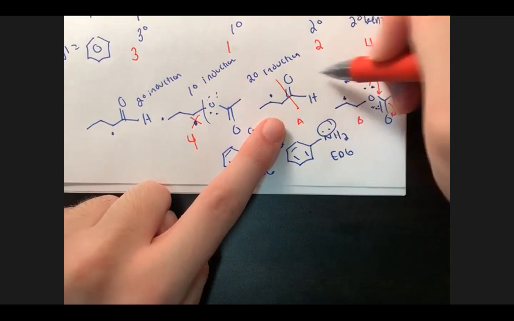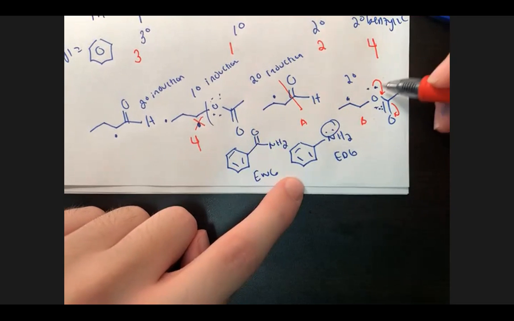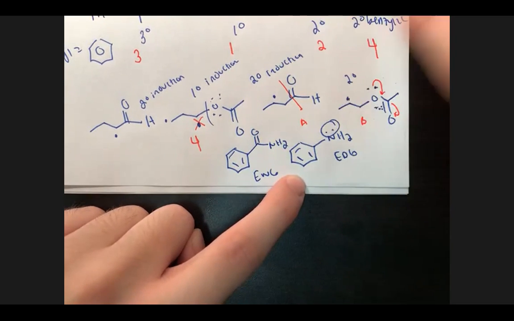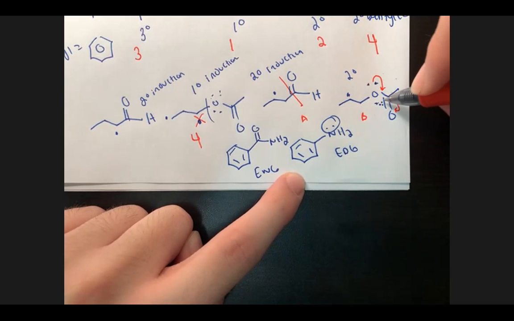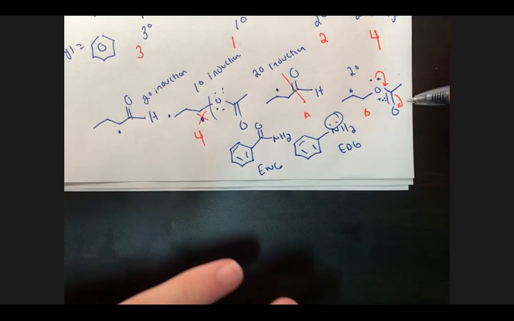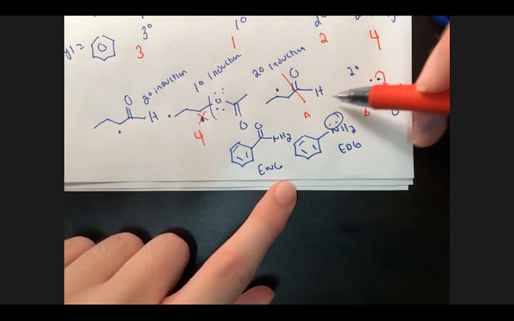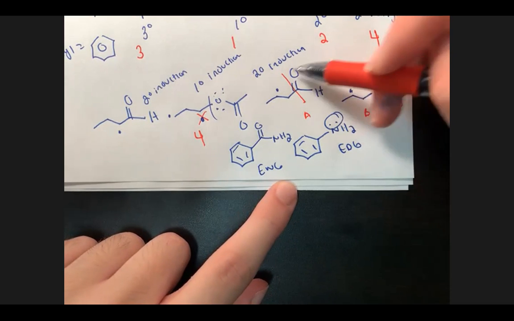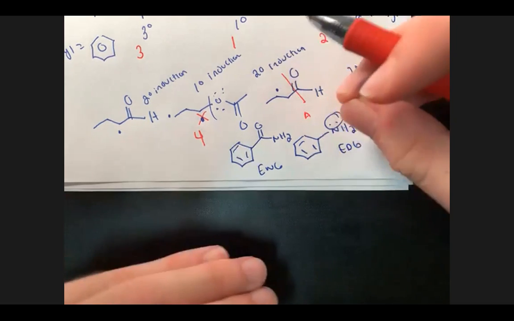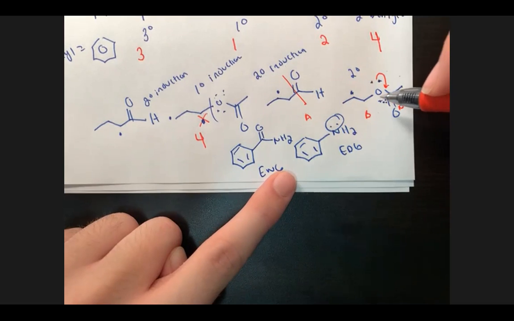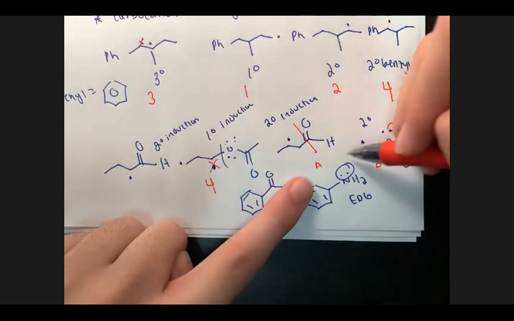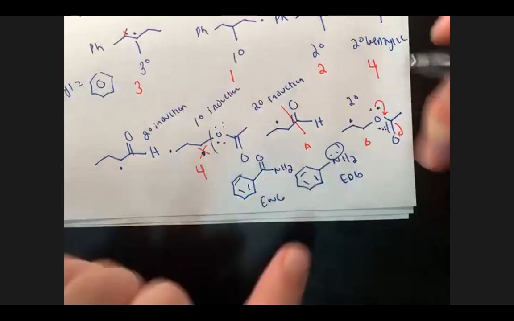So the induction is really strong here. But here, that's not true. This whole electron cloud on the right side isn't just pulled to one side. Some of them are tied up in resonance. So it's not as great of a pulling as you would have with all of your electrons in an inductive group isolated in one spot. So that basically says that the inductive effect for A is a lot stronger than the inductive effect for B.